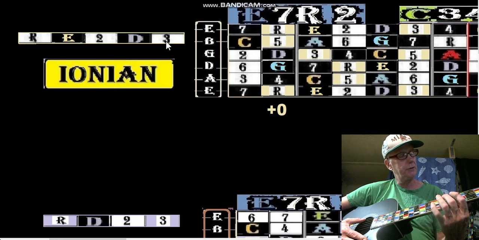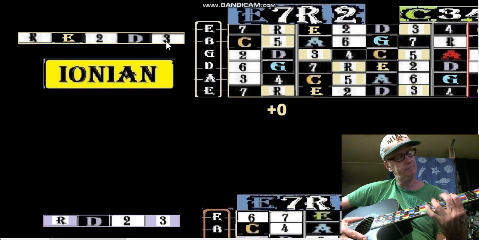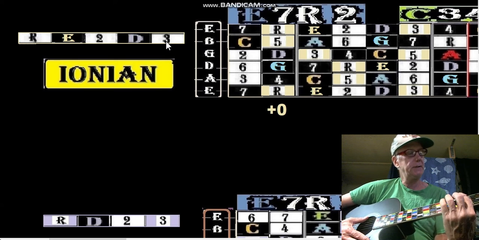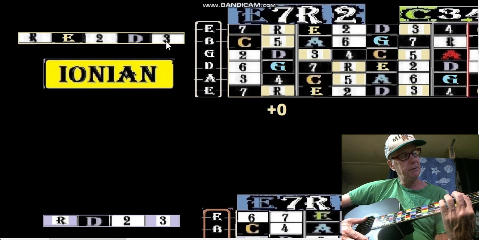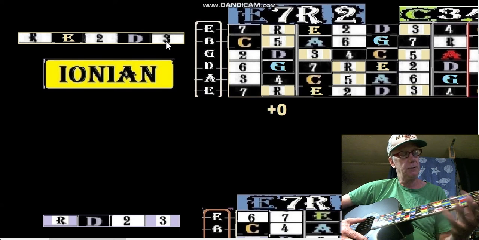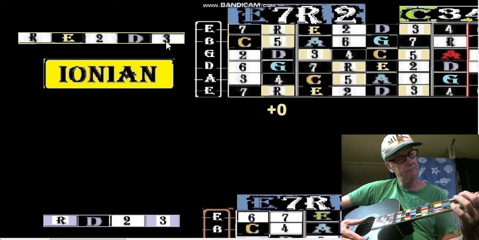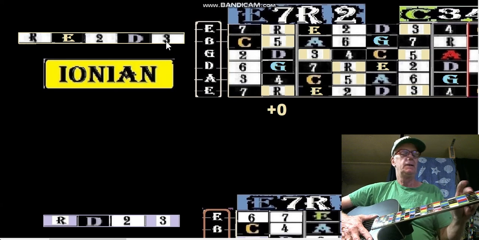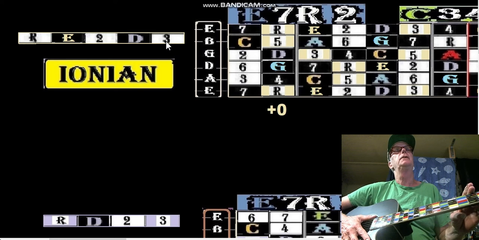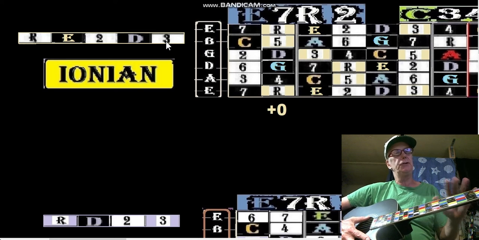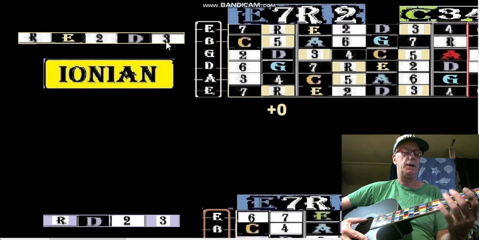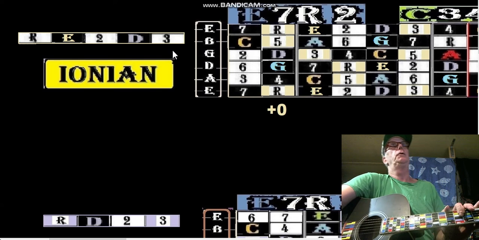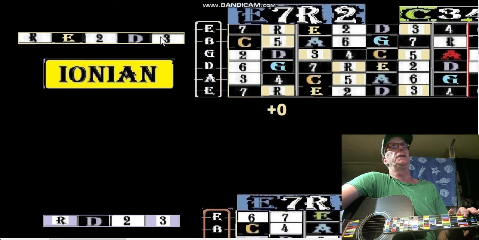If I had the capo right here, or if this was your fret nut, you wanted to do it in E, not in F. Sorry, my bad. These notes would be sunken. So you can still do an Ionian from the short pattern, but in the long modal patterns, this is an Ionian root pattern.